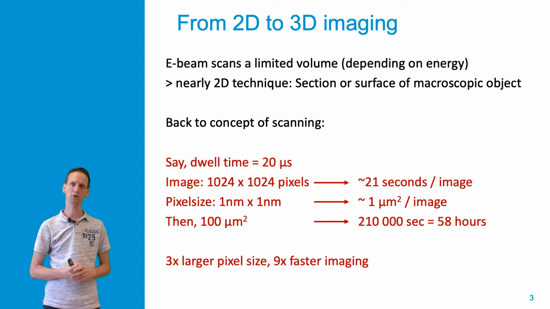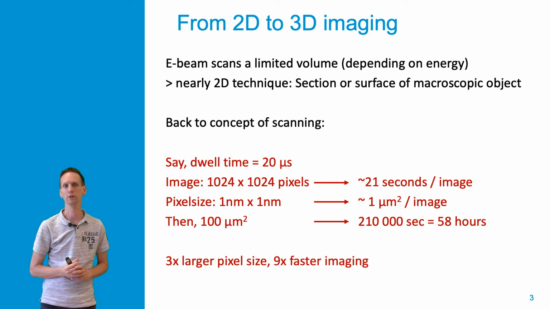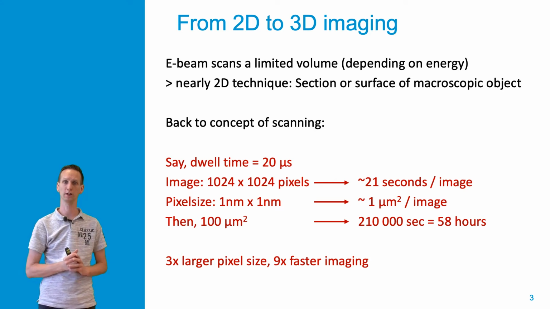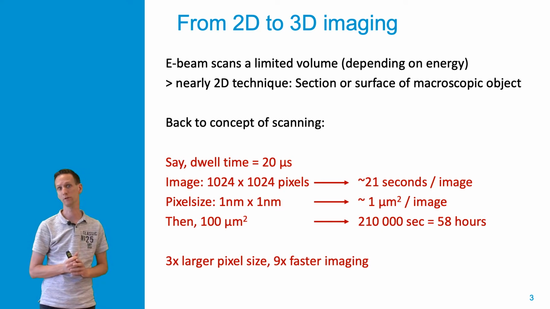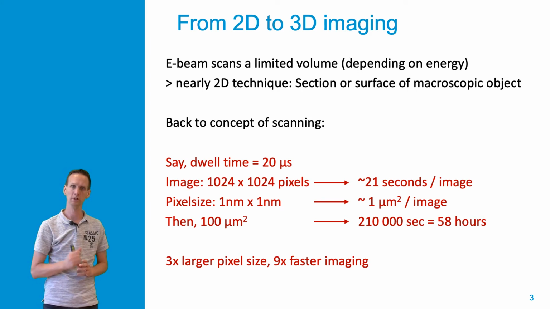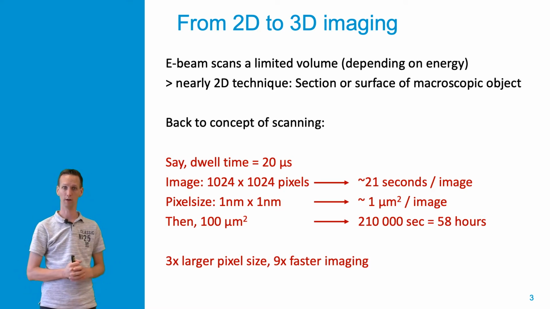Now suppose our pixel covers an area of 1 nanometer by 1 nanometer, so we do really high resolution scanning electron microscopy. This means with the 1024 by 1024 pixels that we scan an area of approximately 1 micrometer squared. So 1 micrometer squared can be recorded quite quickly, only 21 seconds, but it's a very small area.